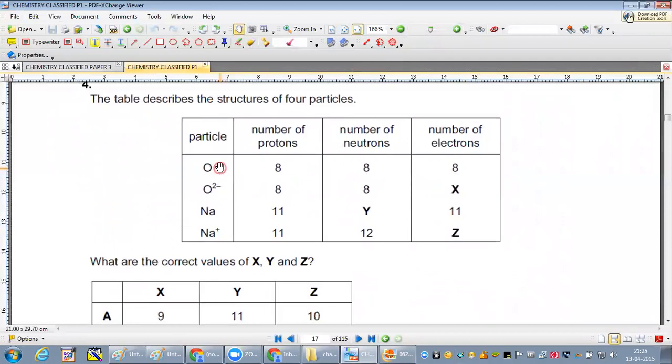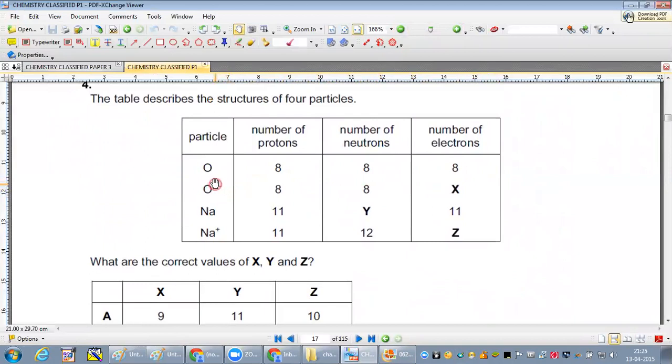It means here the number of protons and electrons are equal. The number of protons, neutrons and electrons are given over here: 8, 8, 8. Here in the second case there is O2-. It means this is a negative ion, so it is going to have more electrons than protons.